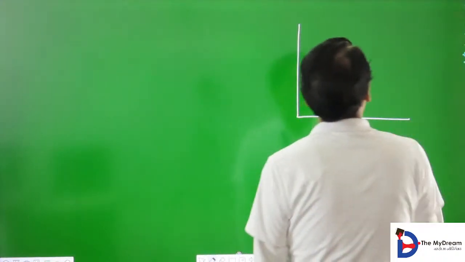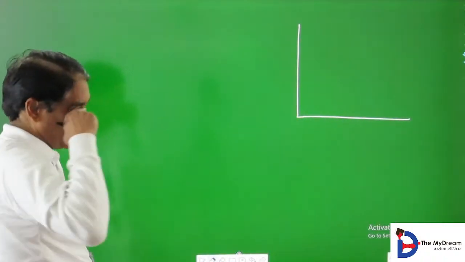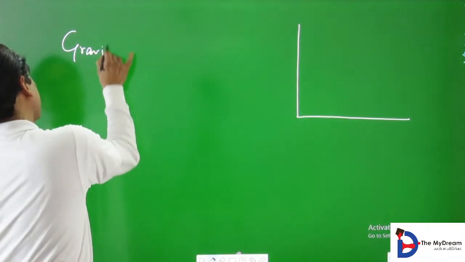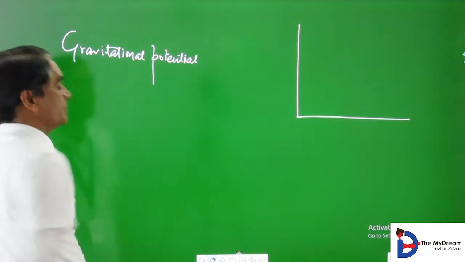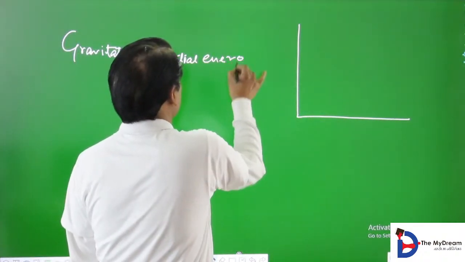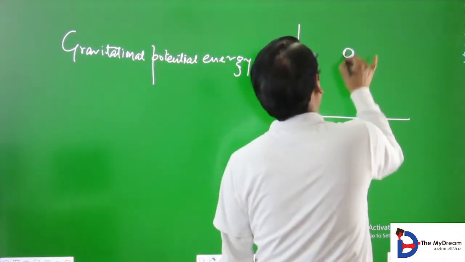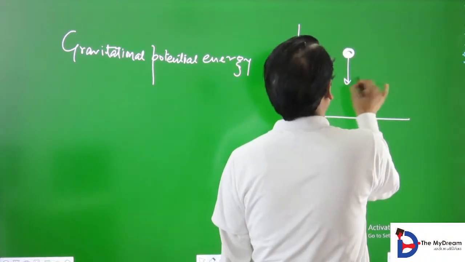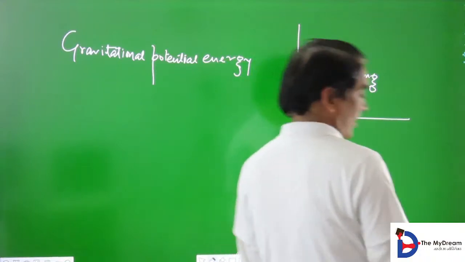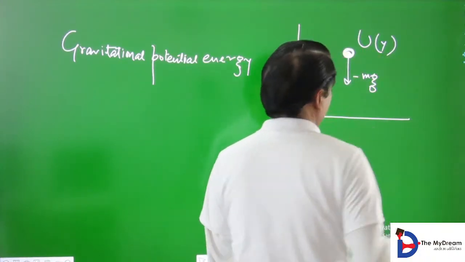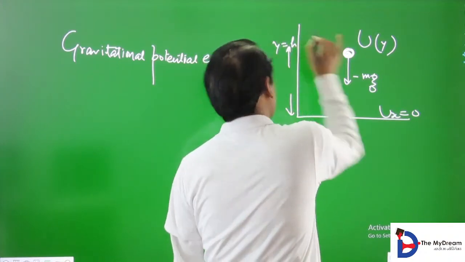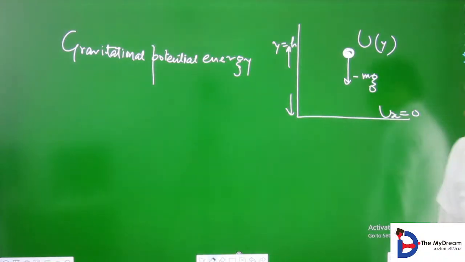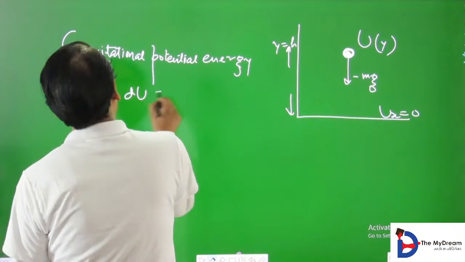Now, gravitational potential, which we discussed a little while ago. Consider an object like this. We are not talking about the gravity of these. U is 0 at y equal to 0, and U at y equal to h. Then delta U is equal to minus F dy.